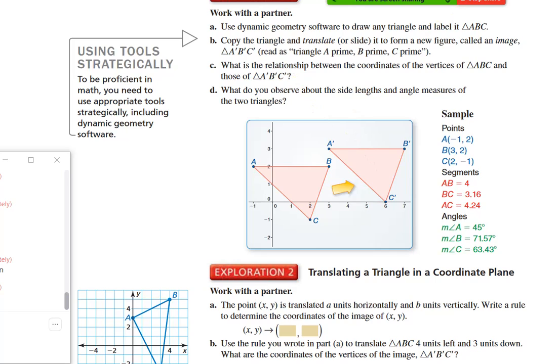This one over here is called the pre-image. They may or may not put a dash there, but I like to put it for emphasis. This is the pre-image, and this one is the image.